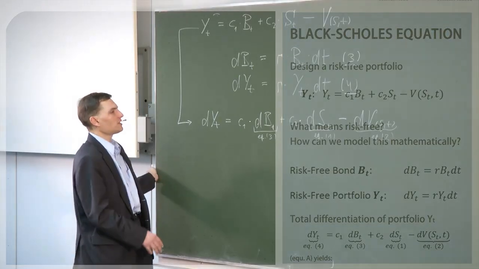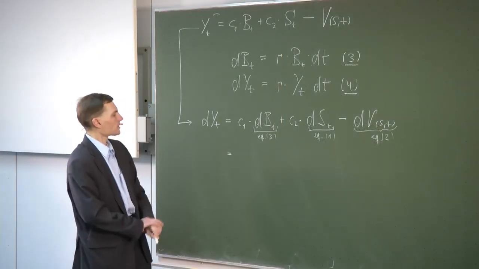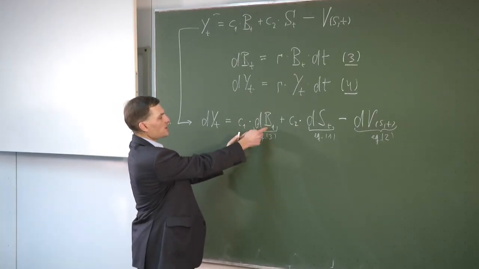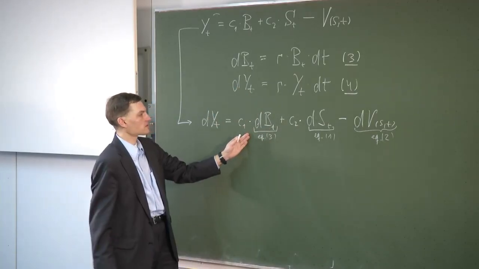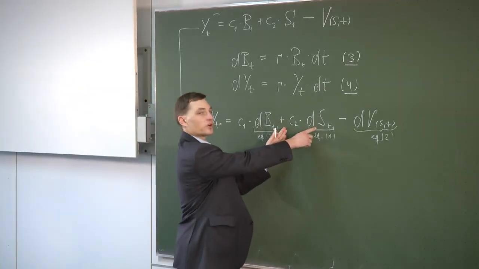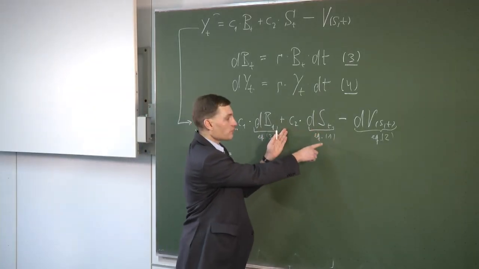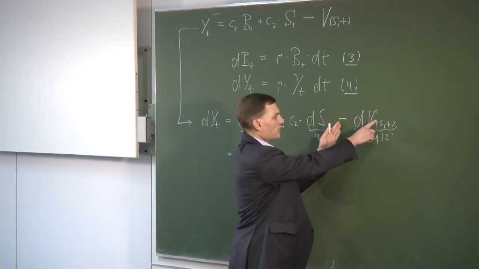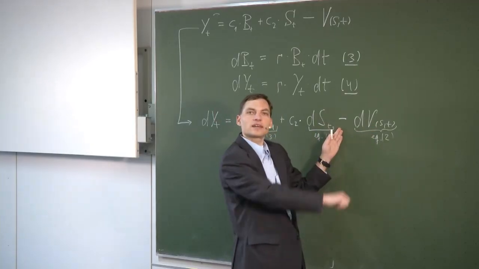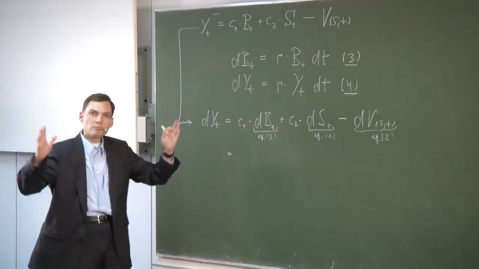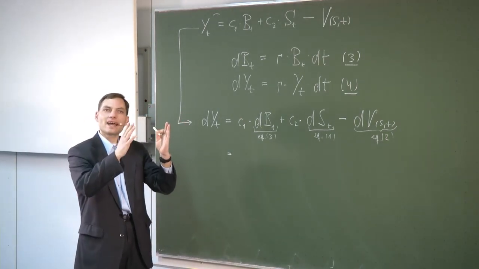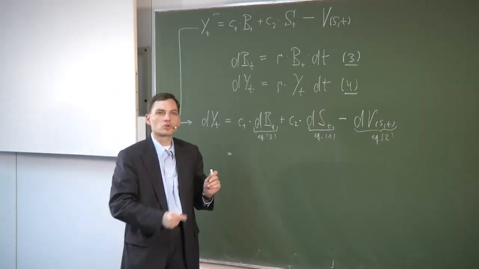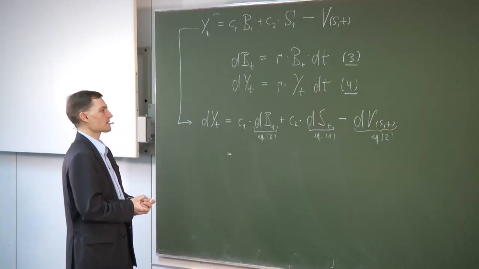So what I have to do in the next step here is, I substitute in for dB the right-hand side of equation 3, I substitute in for dST the right-hand side of my equation 1, and I substitute in for this function the right-hand side of equation 2. And then I bring all the terms together. Once again, all the dt terms and all the dw terms which are reflecting the stochastics.